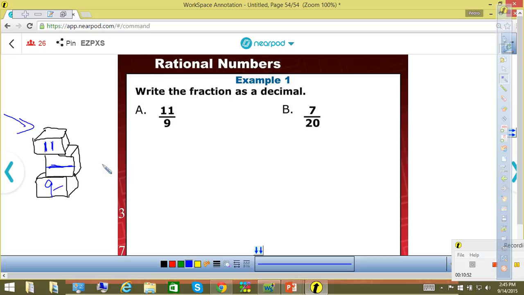So it's going to fall. Which number lands way over here? 11. What block lands right next to it? The division bar, right? Sideways. And what is the only one that scoots over a little bit? The 9. Well, guess what? That's how you know how to write your division.